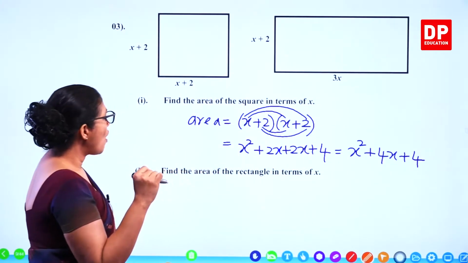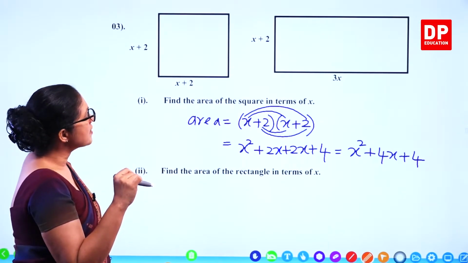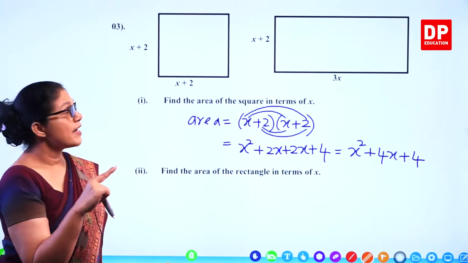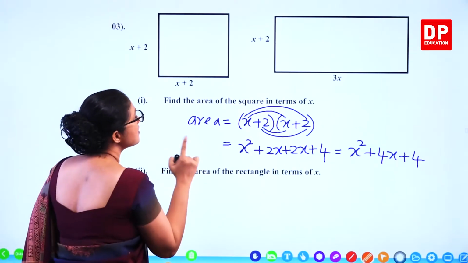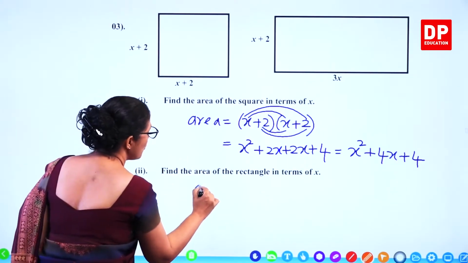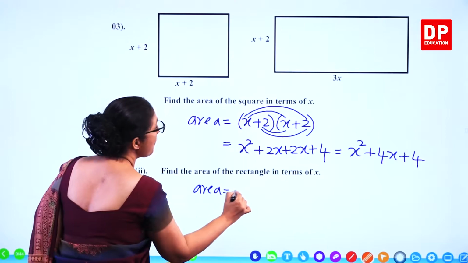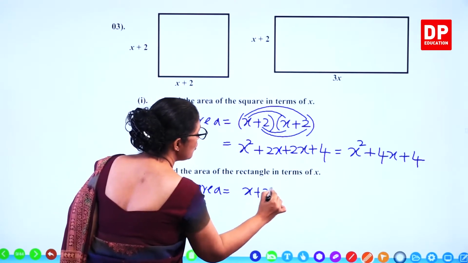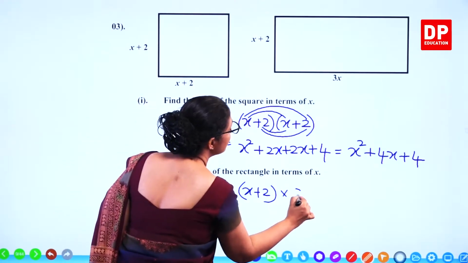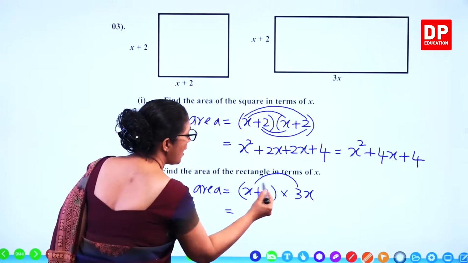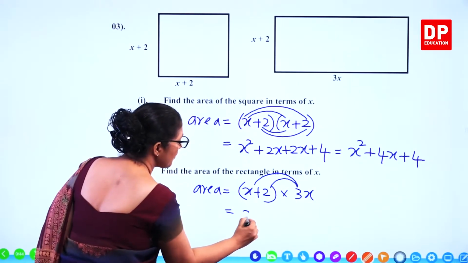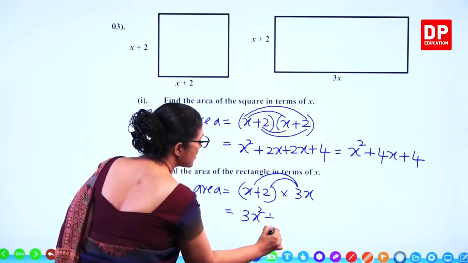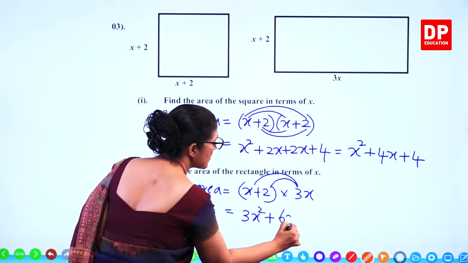Then find the area of the rectangle in terms of x. What's the area of the rectangle? Length is 3x, width is x plus 2. So the area becomes x plus 2 into 3x. So expand brackets: 3x squared plus 3 into 2, 6x.